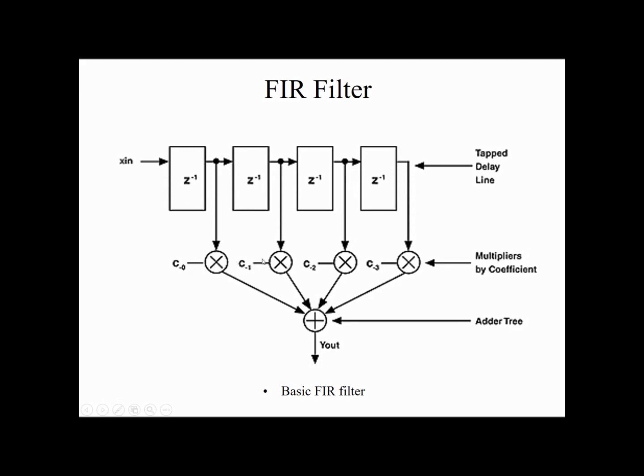We don't know these coefficients, but gradually we will adapt them by some algorithms. The very simple one is the least mean square algorithm, and then we subtract from the target, and the echo will be reduced. This is the general FIR filter.